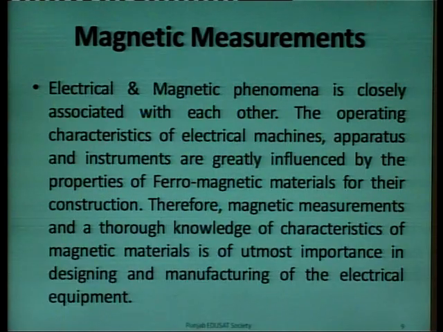Therefore, magnetic measurements and a thorough knowledge of the characteristics of magnetic materials is of utmost importance in designing and manufacturing of electrical equipment. So, the knowledge of the characteristics of magnetic materials is very important while we have to design any electrical appliance such as machines, apparatus or instruments, etc.